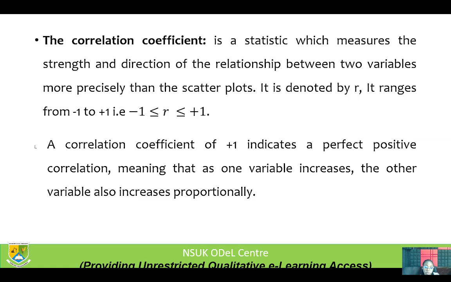A correlation coefficient of +1 indicates a perfect positive correlation, meaning that as one variable is increasing, the other variable is also increasing proportionately.